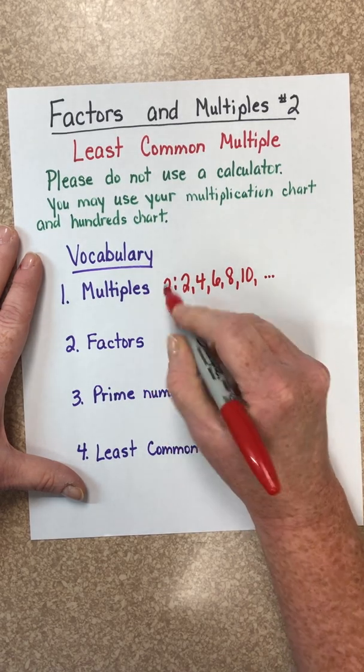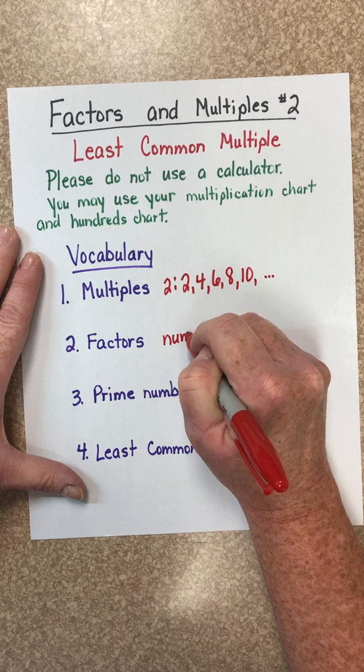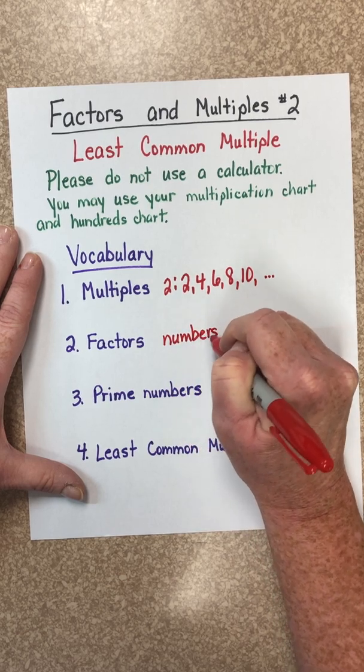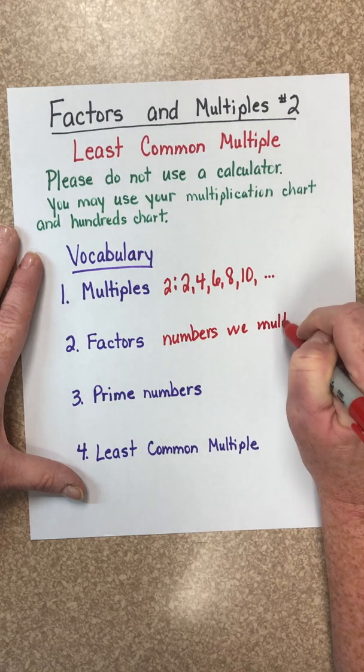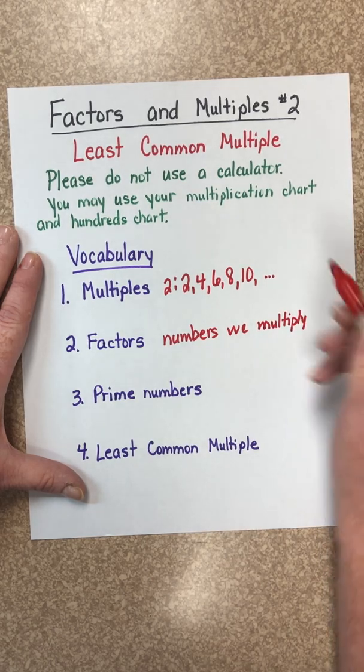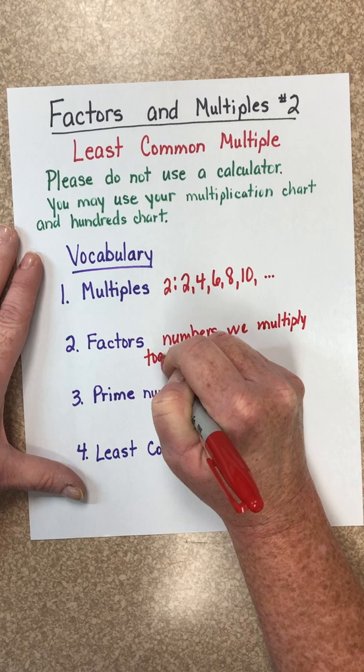Factors, those are numbers we multiply together to get a product.